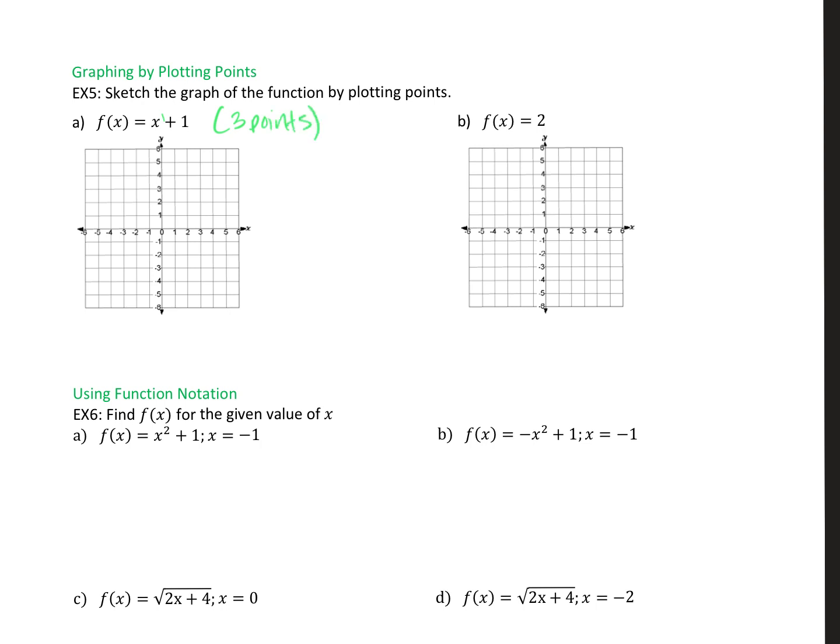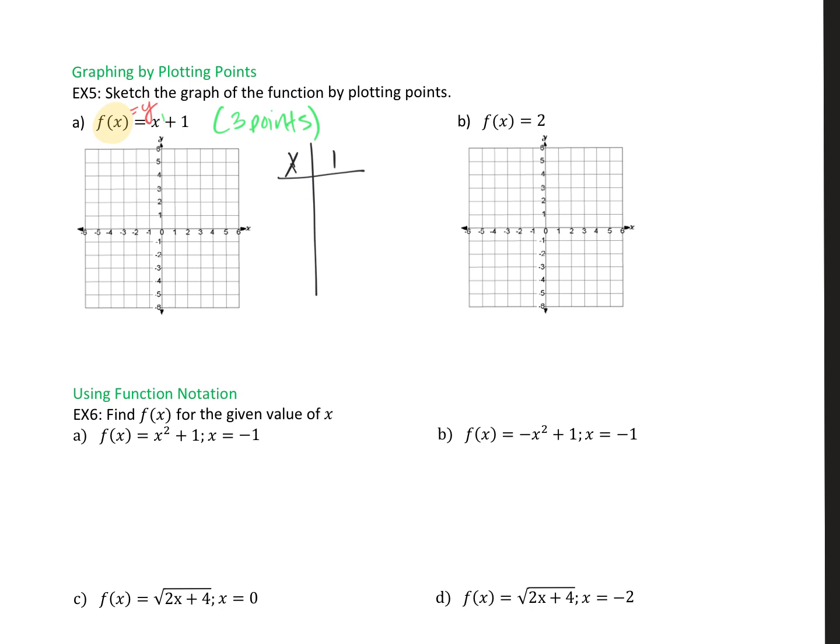All right, so how will we graph by points? Well, I'm going to use an XY table. I'm going to pick a point and then plot a point. And usually when we have function notation, again, function notation is where we have f of x. And remember, f of x is a nickname for y. It's the same thing. It's just like calling somebody by their last name. Like if you watch Harry Potter, people call him Potter a lot.